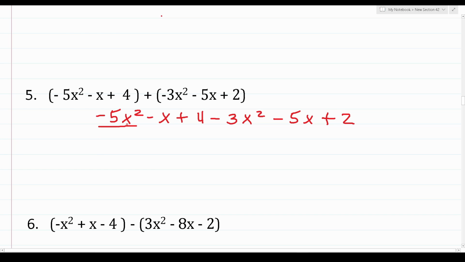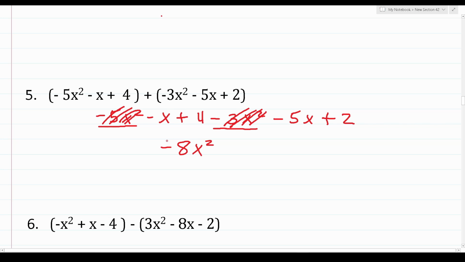Again, this is negative 5x squared. So we're looking for a like term of x squared, has to have the same letter variable x raised to the same power of 2. We can see that's right here. That's negative 3x squared. So we can combine those two. Negative 5x squared and negative 3x squared is negative 8x squared. Now that we've combined them, we can cross them out to make this a little bit easier to look at.